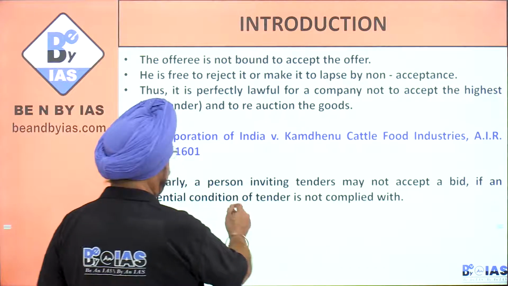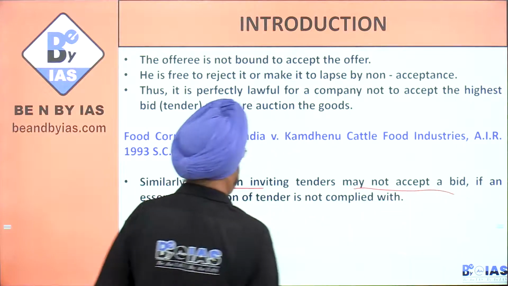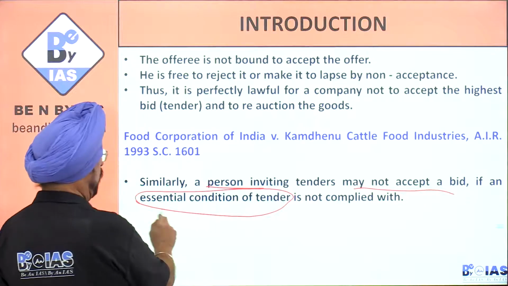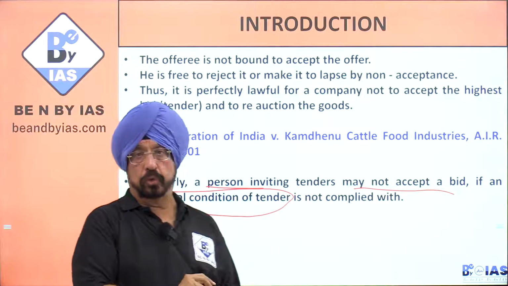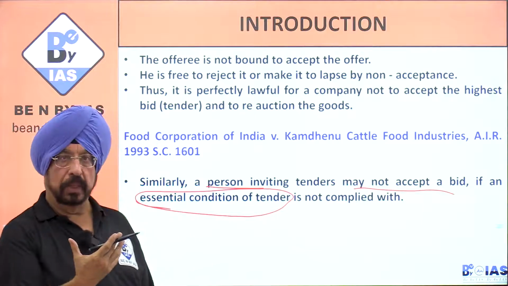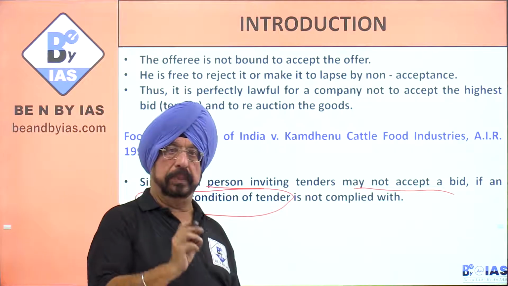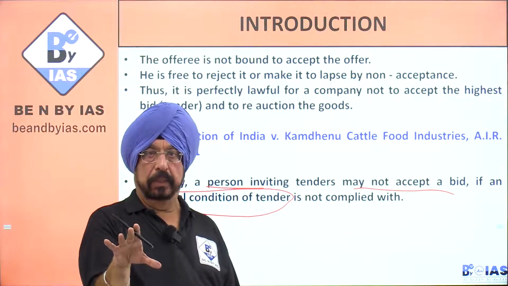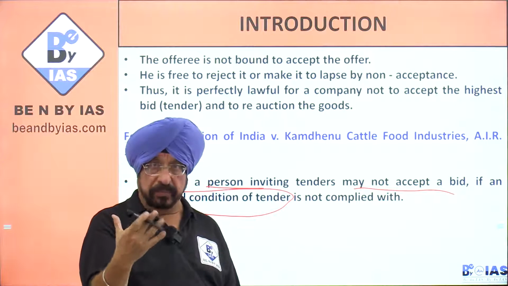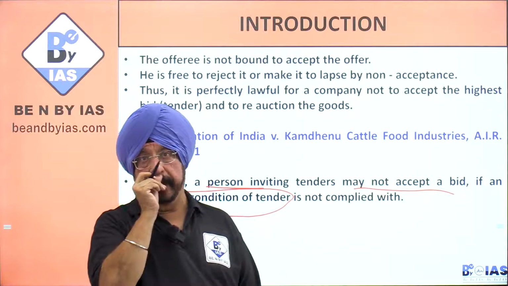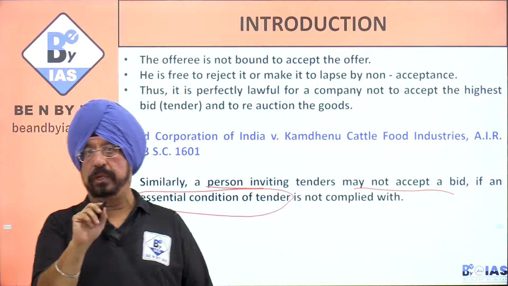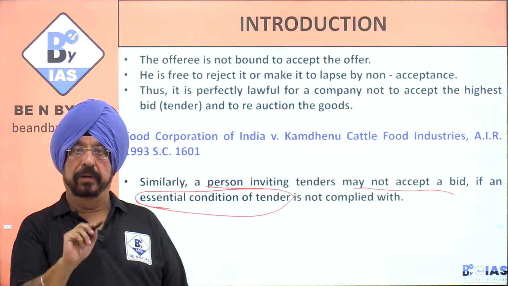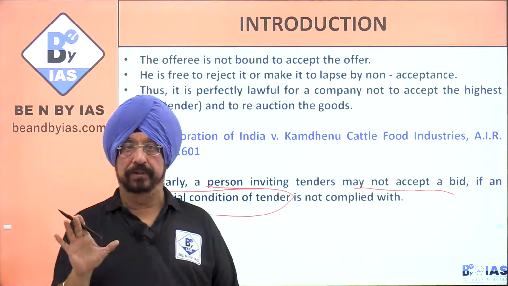Now, a person inviting tenders may not accept a bid if an essential condition of the tender is not complied with. Those who have been dealing with tender processes, let me tell you, it is written in most of the bids, that is, tenders in advertisements, the tender not accompanied by the earnest money will be summarily rejected.